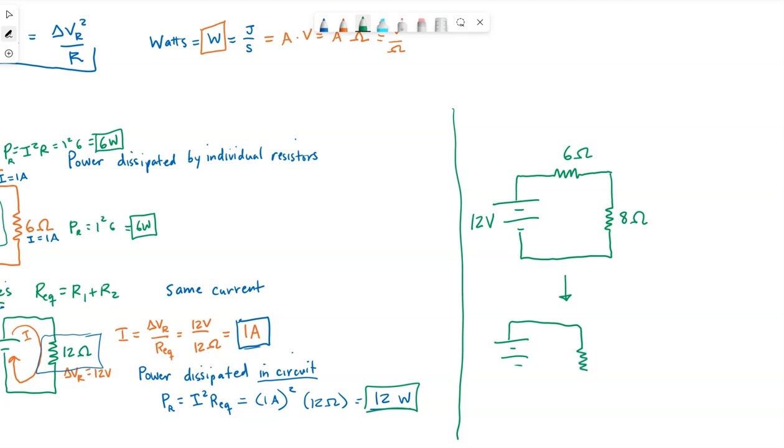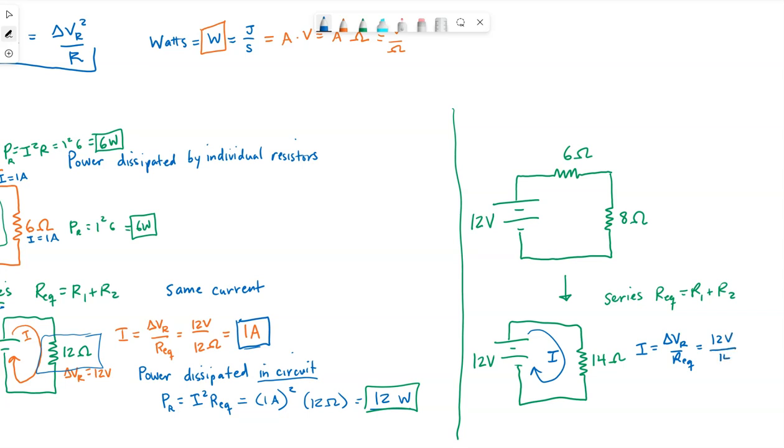We can still get an equivalent resistance, and since these are in series, we still just add them together to find their equivalent. So 6 and 8, this would be a 14 ohm resistor. The current that would flow through this circuit we can calculate with delta V over R equivalent. So 12 volts over 14 ohms.